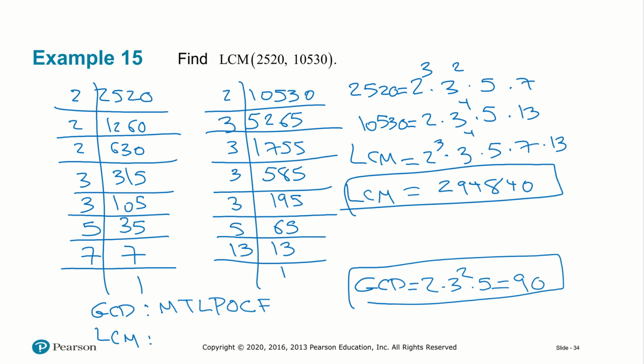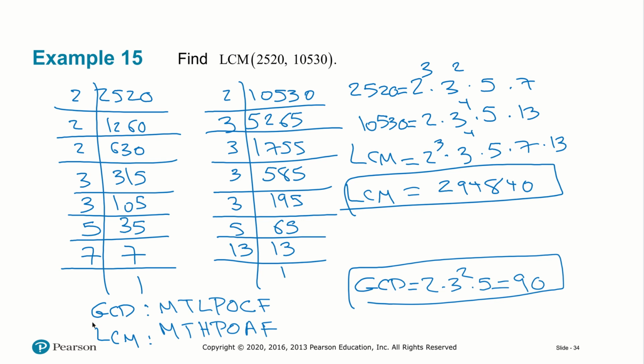All right, so that's like a really long acronym, right? But you know what that stands for? Multiply the lowest powers of common factors. For the LCM, you multiply the highest powers of all factors, not just the common ones, but all.